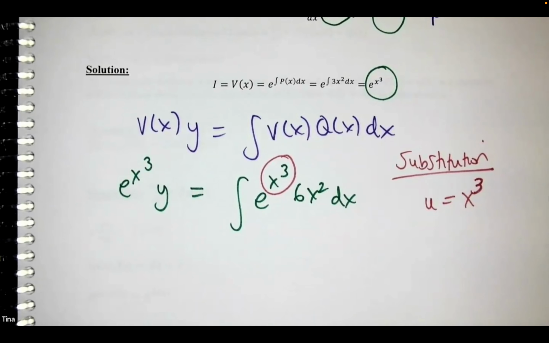So if your substitution is x cubed, what's your du going to be here? What's du? So what do you got?